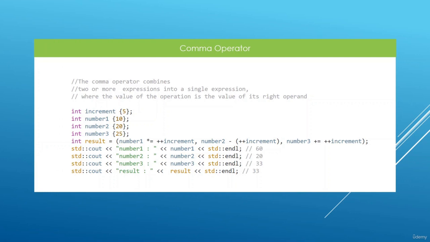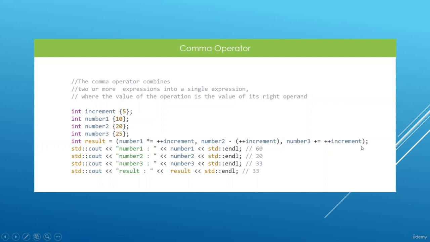So the comma operator works like this. We're going to have multiple expressions. If you look at this result variable here and what we have on the right of the assignment operator, we have a compound multiplication on this number 1. We have a subtraction from number 2, which is another expression. And we have this compound addition to number 3, which are really 3 expressions.